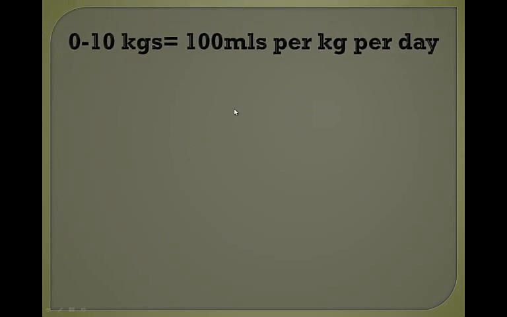This is a crucial formula for figuring out IV fluid calculations for pediatrics. It's used universally. If you go to Australia, this formula will be used. If you go to China, this formula will be used. So it's really important that you know it, because you're going to have a physician order fluids, and you need to know if they're appropriate for your patient.